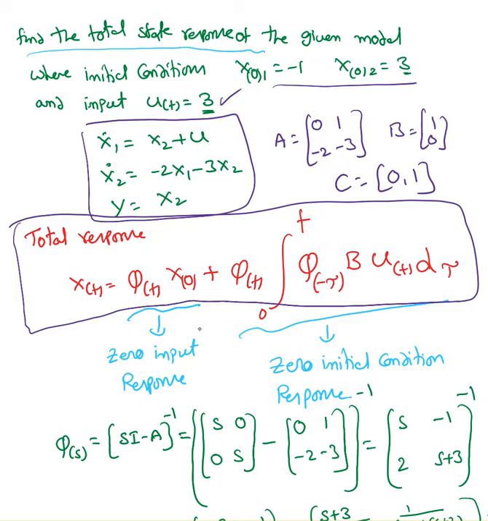So this is the zero input response, when the input is 0, that's the response. This is the zero initial condition response.